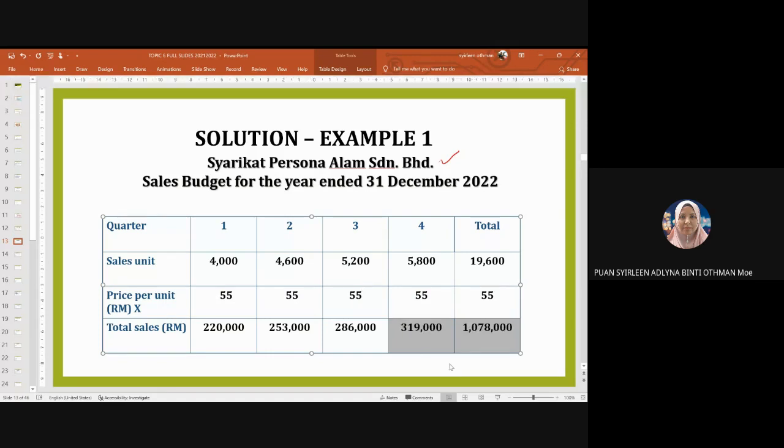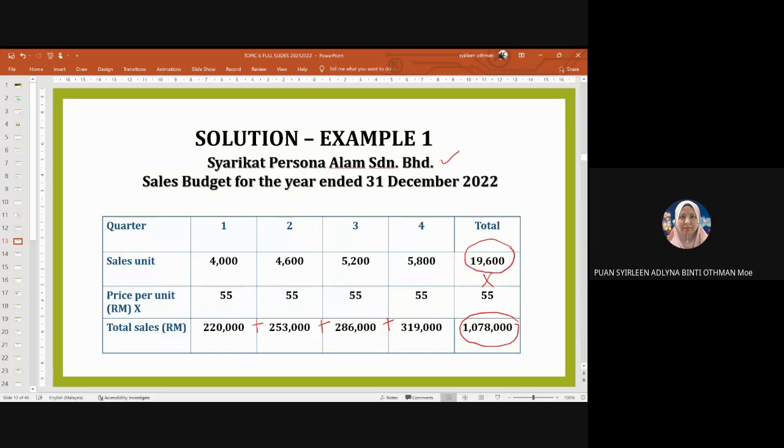Alright. So yang ni, yang kat belakang ni, I boleh dapat from 19,600 multiply by 55 or quarter 1 plus quarter 2 plus quarter 3 plus quarter 4. So the sales unit for 2022 ialah 19,600 unit.